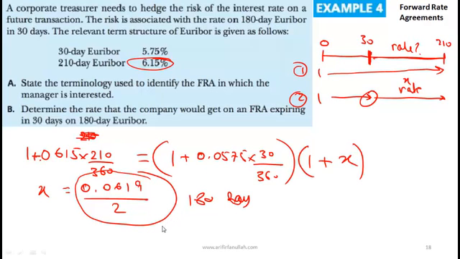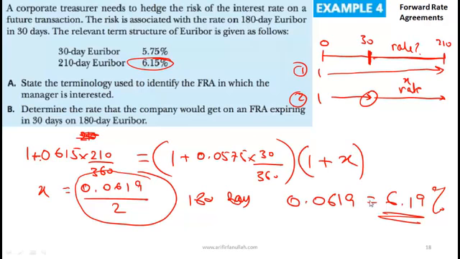By simply doubling. Given that we are using simple interest, I simply double it, and then I know that the 180-day rate 30 days from today is equal to 0.0619, which is equal to 6.19%. So this is the FRA rate.